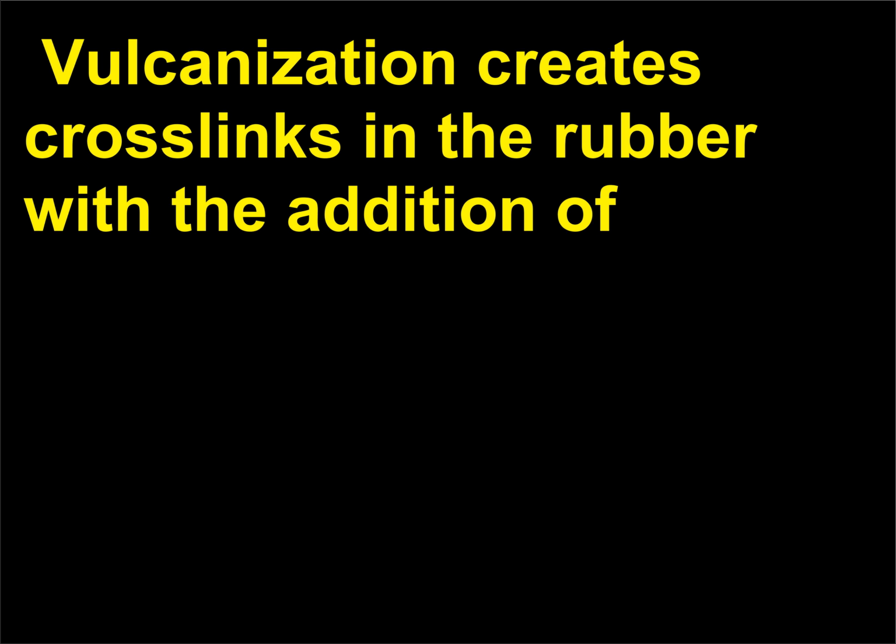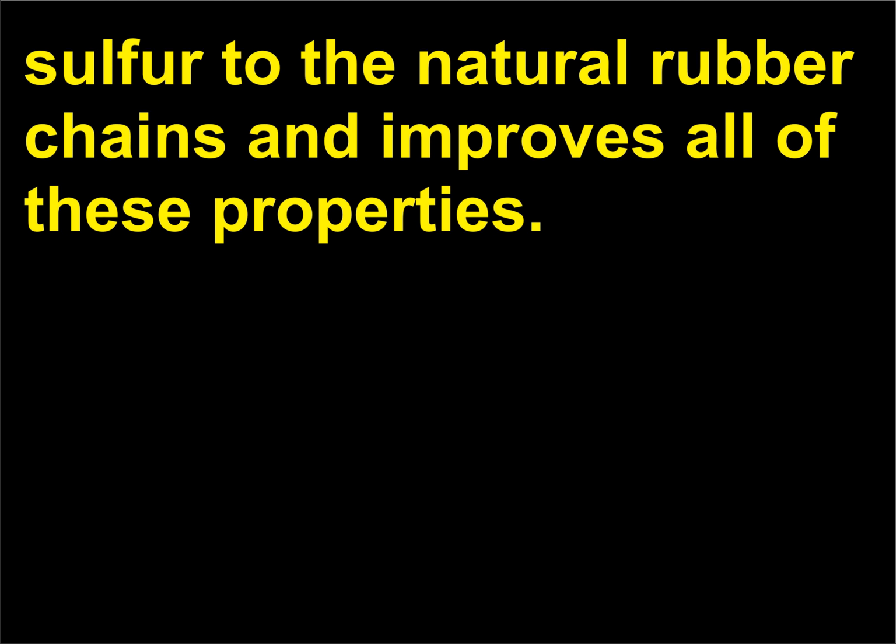That sounds like an awful material to make a tire out of. Vulcanization creates cross-links in the rubber with the addition of sulfur to the natural rubber chains and improves all of these properties.